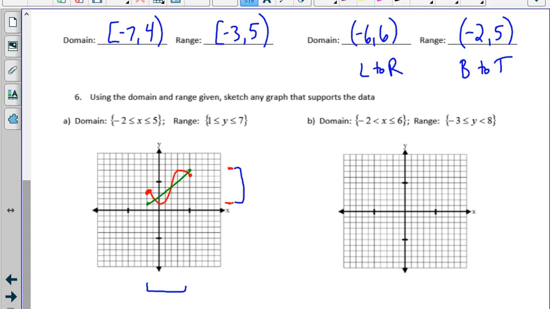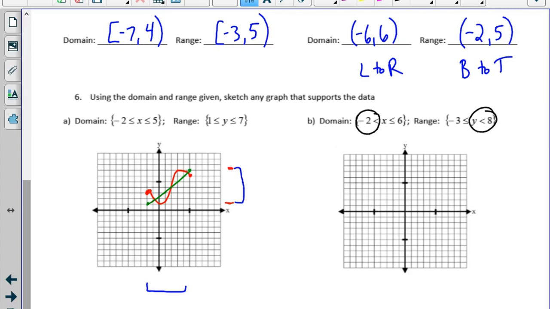This one, I have to be a little bit more careful because I cannot include -2 in the domain and I cannot include 8 in the range. So those are important distinctions that I have to have. So -2 for x must have an open circle, and 8 for y must actually not get hit.